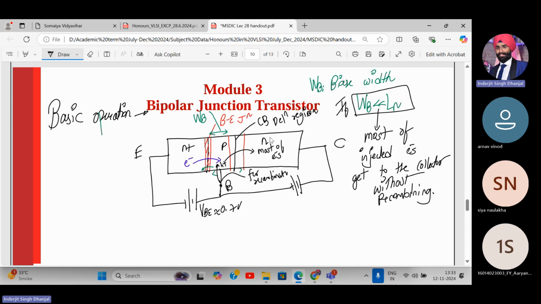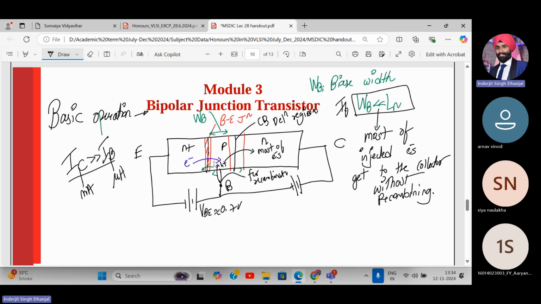Now, since most of the injected electrons reach the collector, only a few holes are injected into the emitter terminal. That is why we have IC very much greater compared to IB. Are you getting it? This is in milliampere and this is in microampere. This is the reason why. Most of the electrons go into the base and then into the collector.